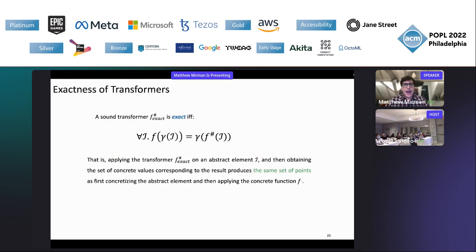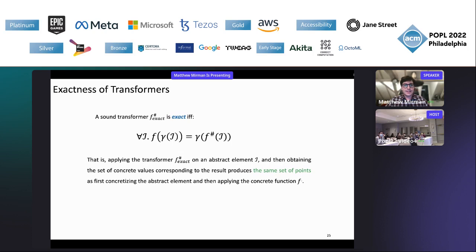We can also ask whether a transformation or transformer is exact. And this is interesting because abstract interpretation can include complete analysis. We say that it's exact similarly to before by relating the concrete and the abstract transformers.